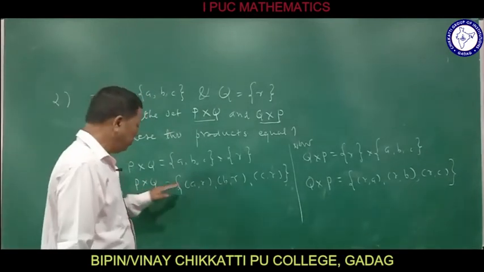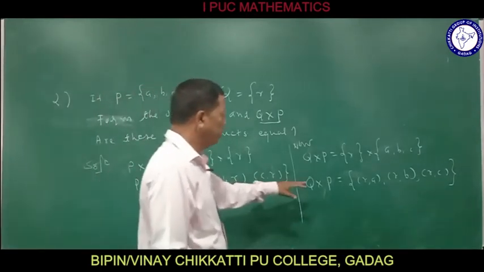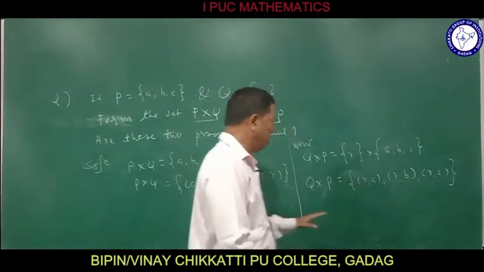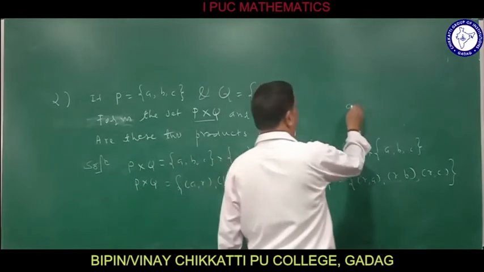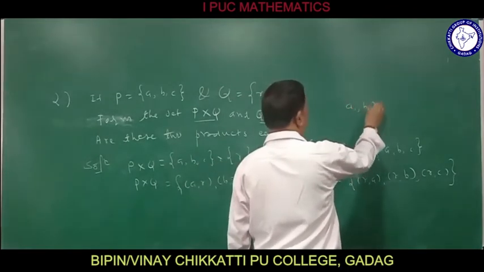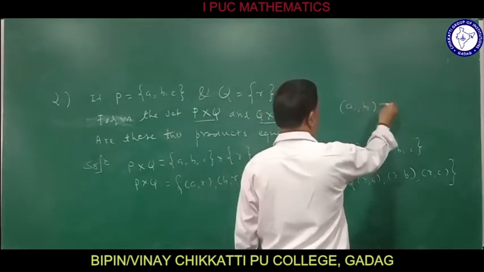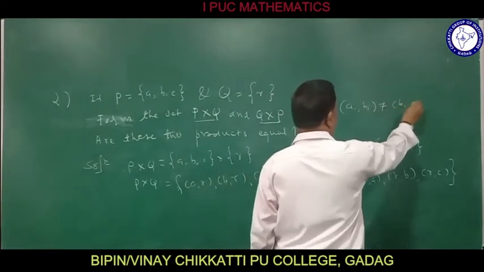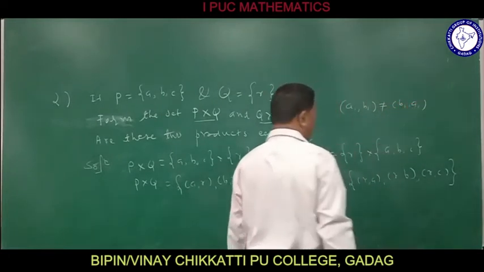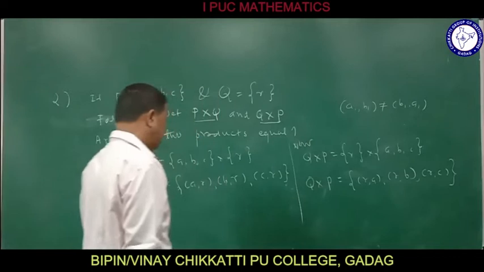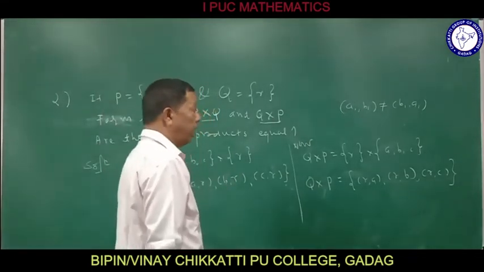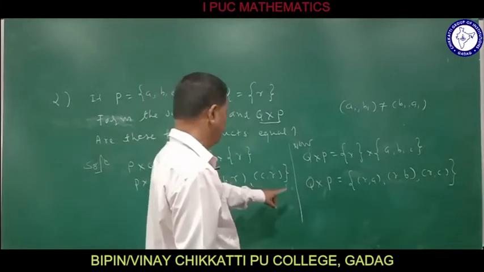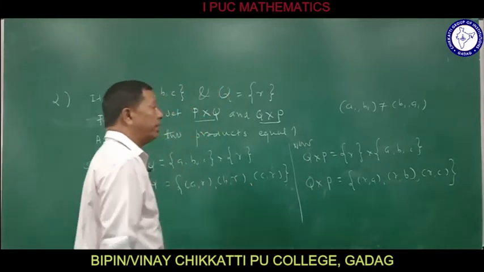P cross Q is like this, Q cross P is like this. Both are not equal. Once I told you, (a1, b1) is not equal to (b1, a1). So here (A, R) is not equal to (R, A). That is why these two products are not equal.